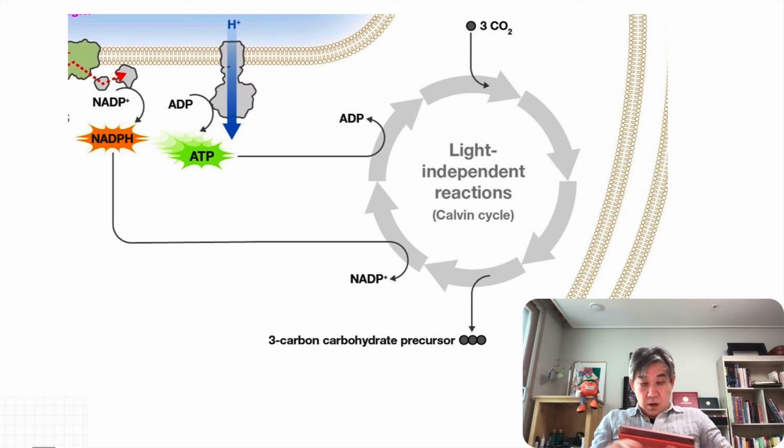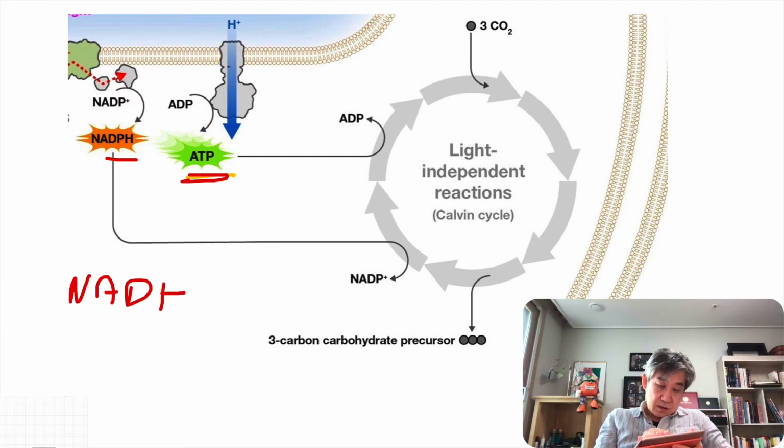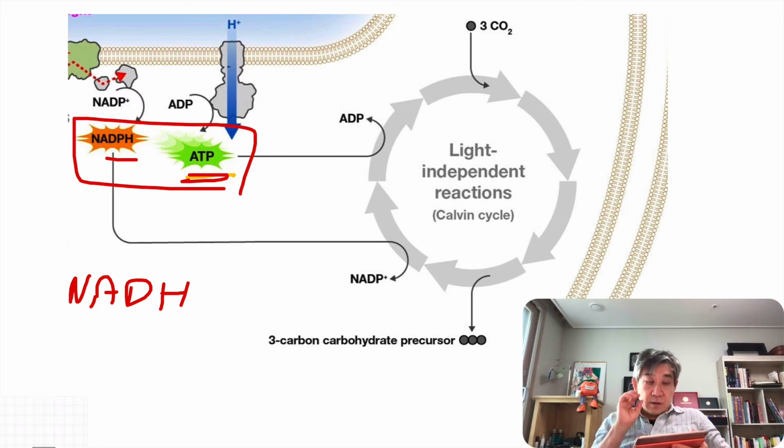Now, as a result of the light reaction, which ends up generating ATP through the identical mechanism we have seen in aerobic respiration, and also NADPH, which is identical to the NADH that appeared in aerobic respiration, these two will be used as an energy source in the second stage of photosynthesis.